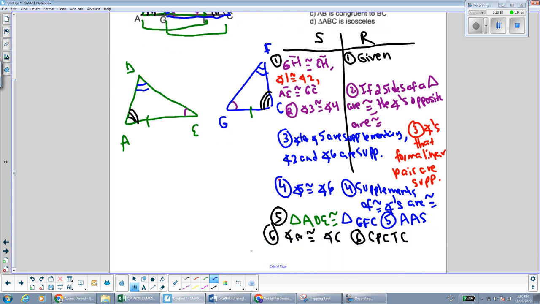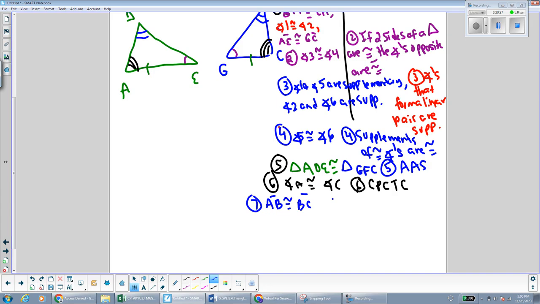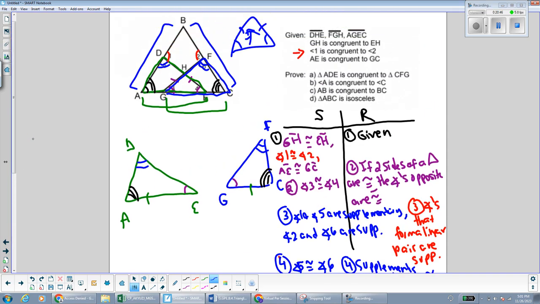So let me put that into my proof. AB is congruent to BC, and we were starting off with information about the angles. So that's if two angles of a triangle are congruent, the sides opposite are congruent.